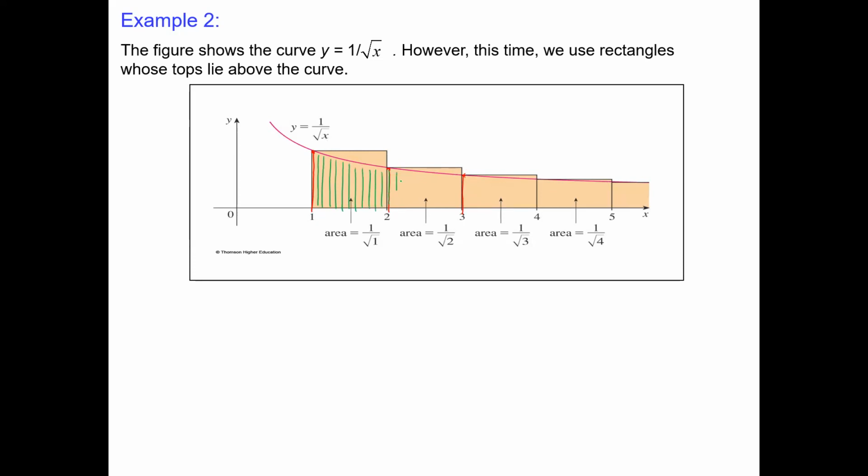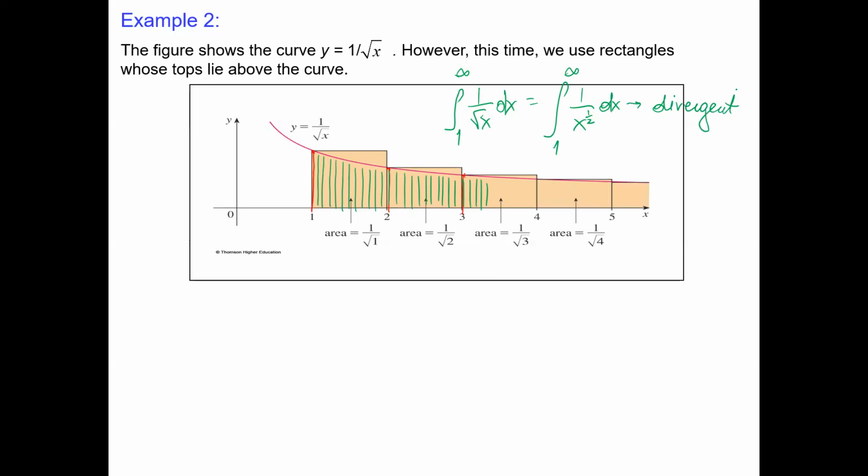than the integral. Let's recall the integral from 1 to infinity of 1 over square root of x dx. I hope we remember. I can rewrite the square root of x as x to the power of 1/2. And that p-value, if it's less than 1, the integral is divergent.